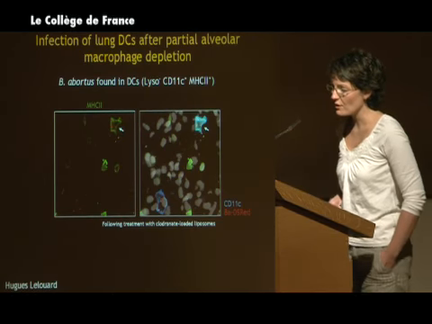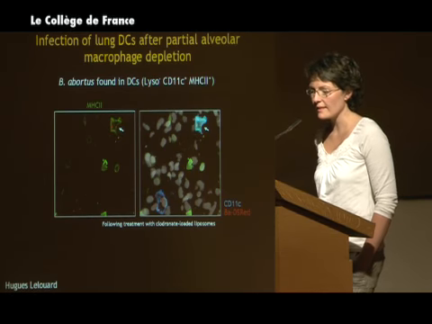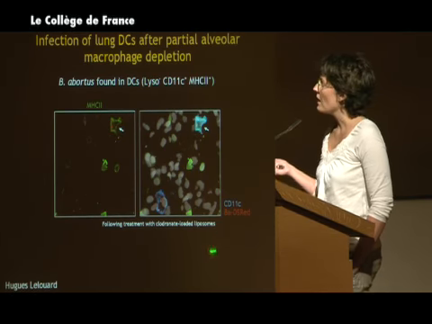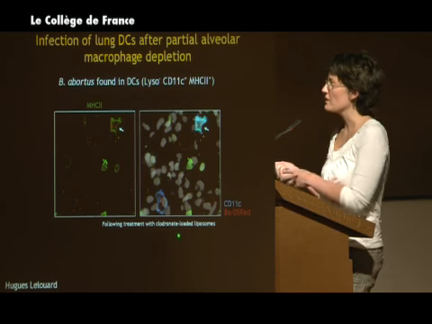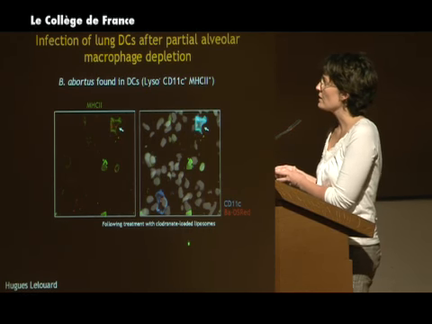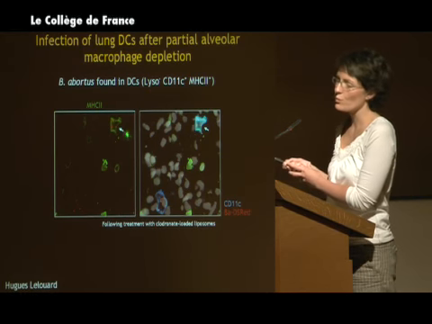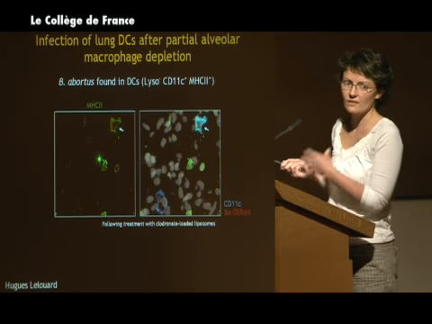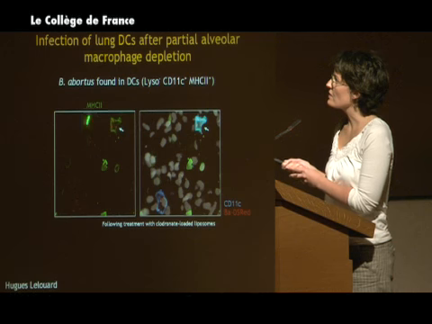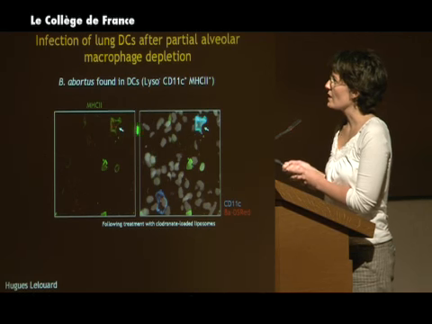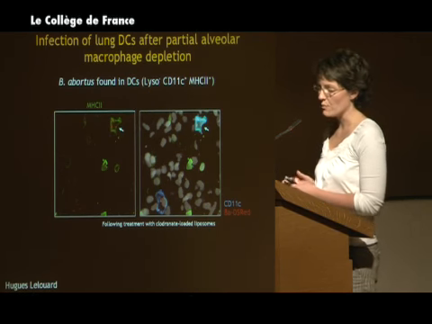And to study better the role of dendritic cells, Christelle then went on to deplete alveolar macrophages, or partially deplete them, with clodronate-loaded liposomes. And in this case, we could detect a significant proportion of the infected cells were dendritic cells in the lung. So we could increase the number of dendritic cells infected. They were MHC class 2 high and CD11c positive.